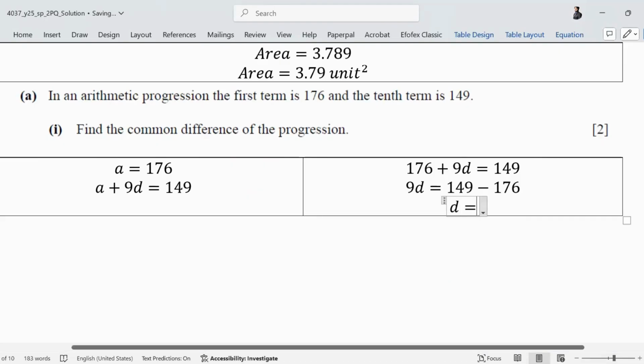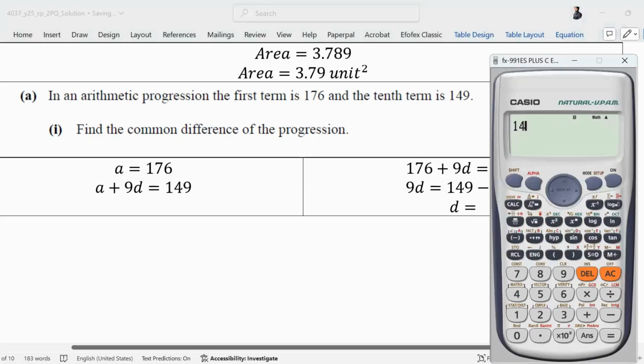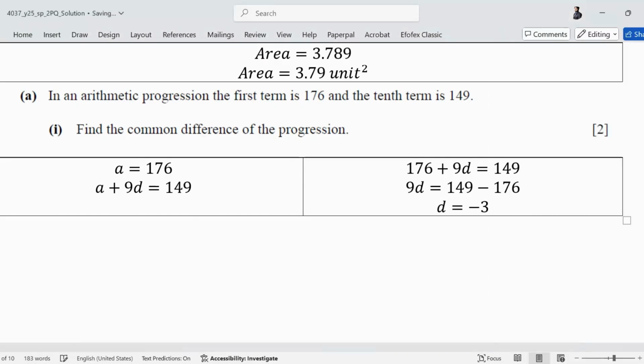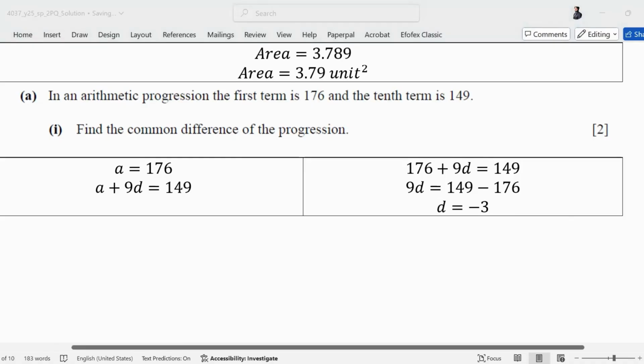So D will be equal to 149 minus 176 divided by 9. So D is -3.